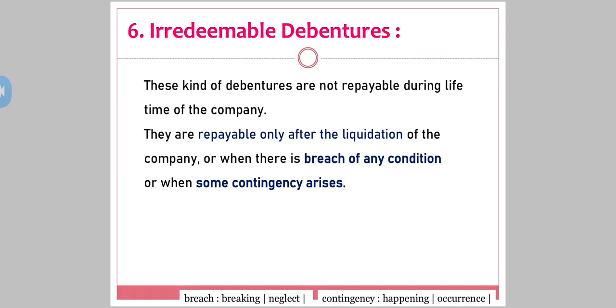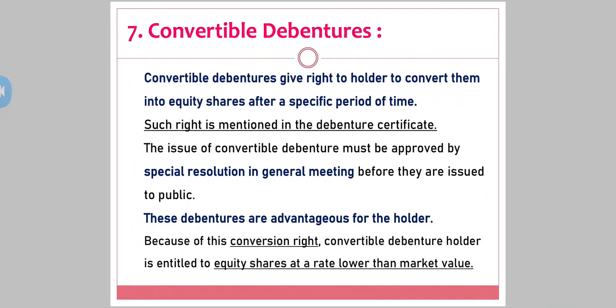They are repayable only after the liquidation of the company, or when there is a breach of any condition, breaking or neglecting any of the powers of the debenture holder, or when some contingency arises, that is, the happening or non-happening of an uncertain event. At that time the company is going to pay the amount back, or else, if it's an irredeemable debenture, the company is going to utilize the amount till the lifetime of the company.